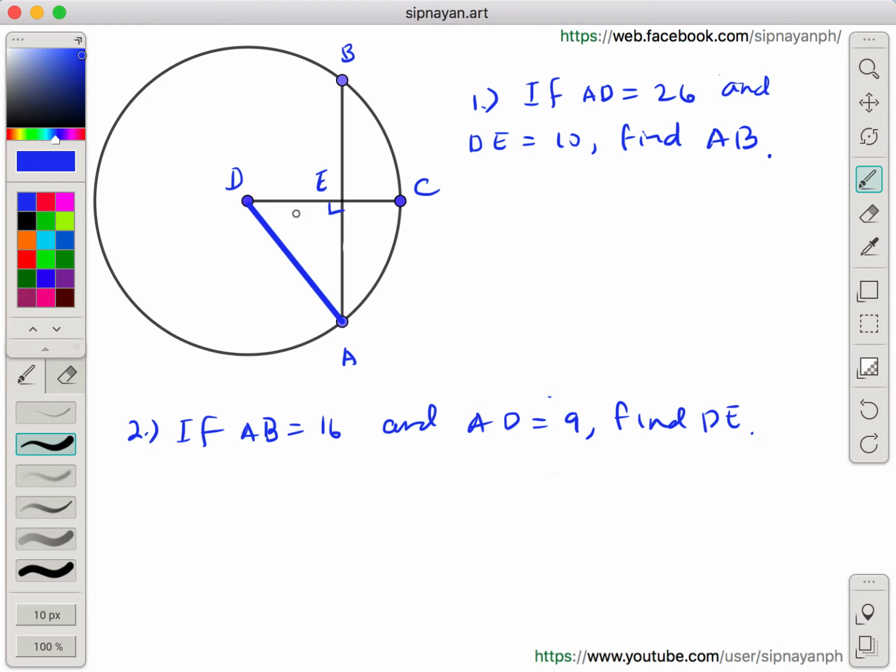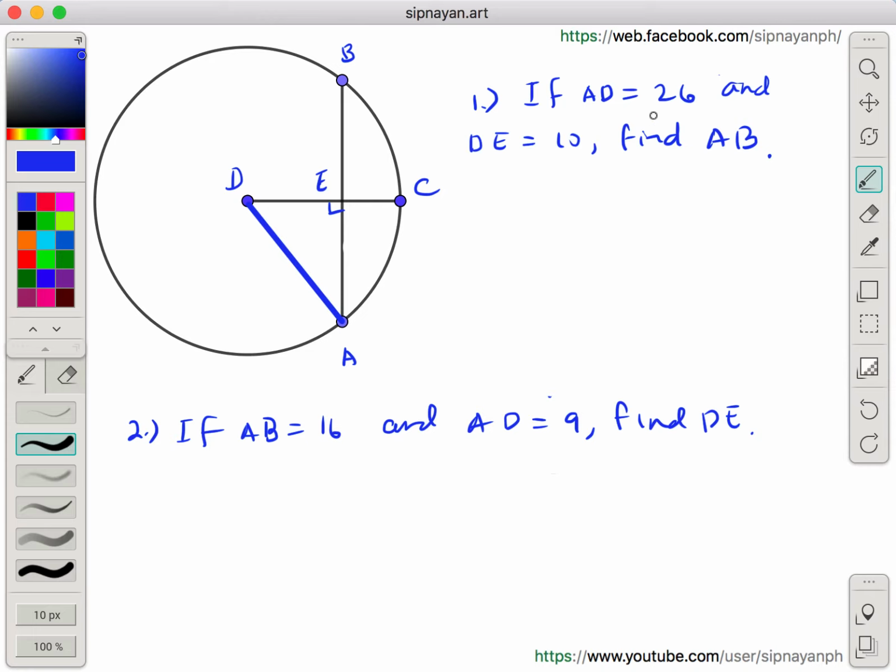So basically, pag perpendicular yan ay divides the chord into two equal parts, or if it divides the chord into two equal parts, then the segments of the chord are perpendicular. So yan lang yung ating pinrove sa previous two videos. So tignan nyo yung ating playlist on circles.